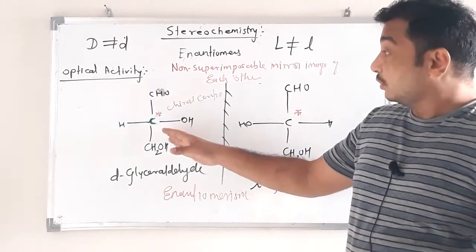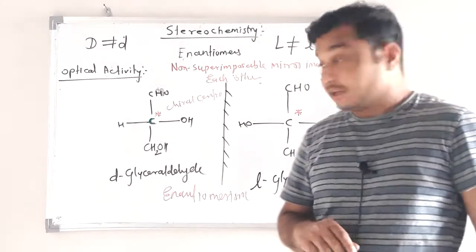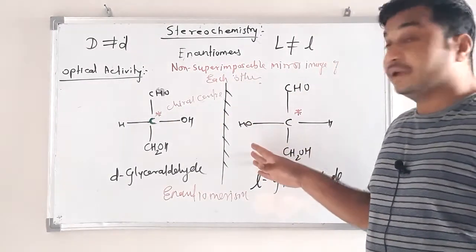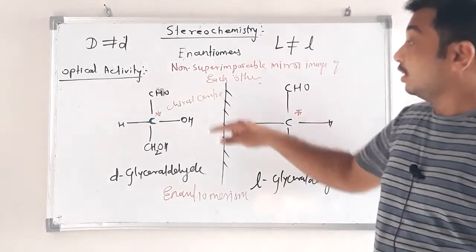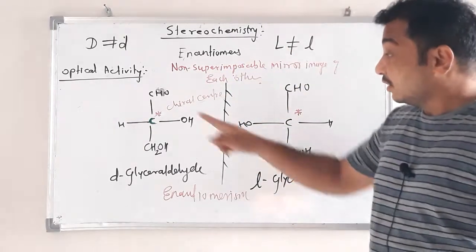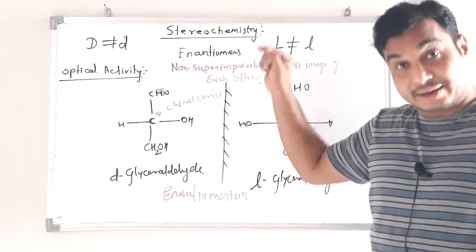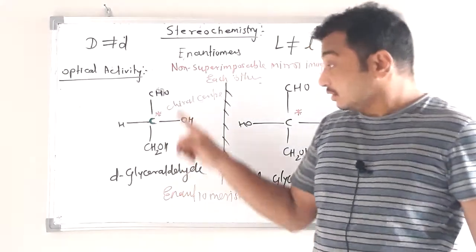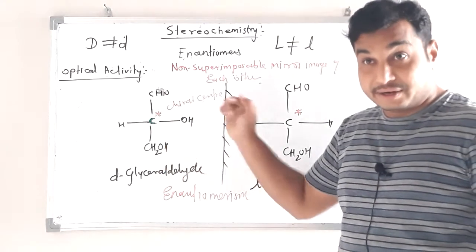If the compound has a mirror image and these two mirror images are non-superimposable, then this asymmetric carbon atom is said to be a chiral center or chiral carbon atom, and the whole molecule is known as a chiral molecule.